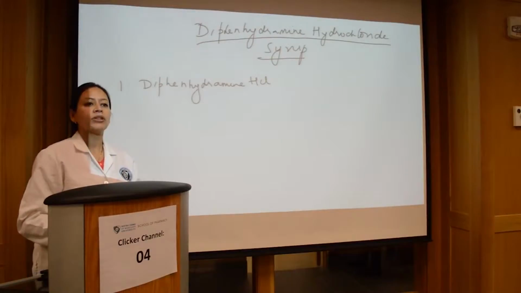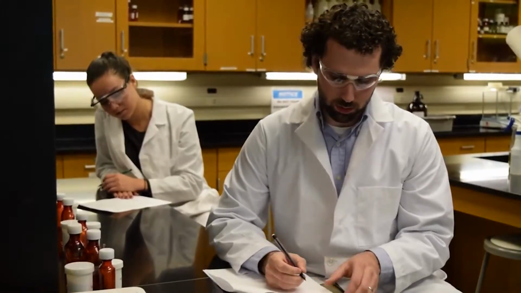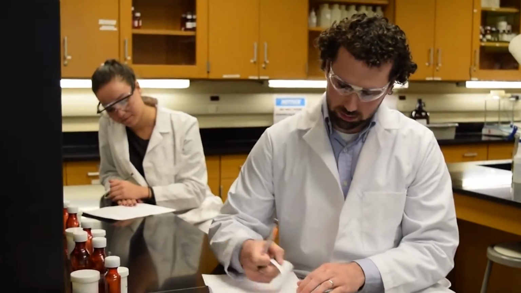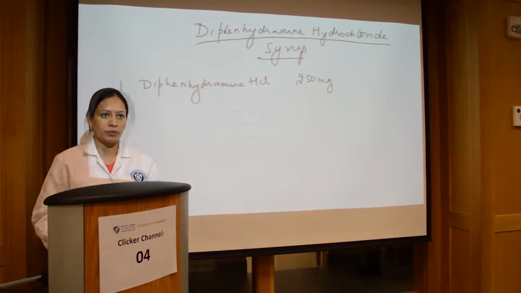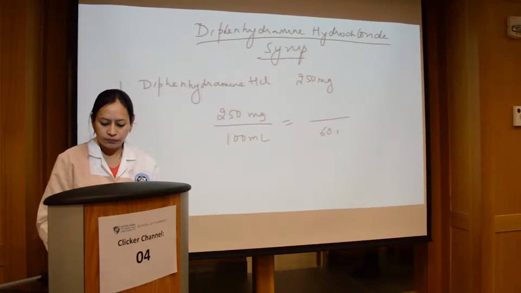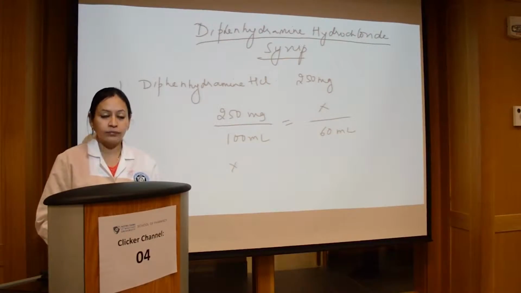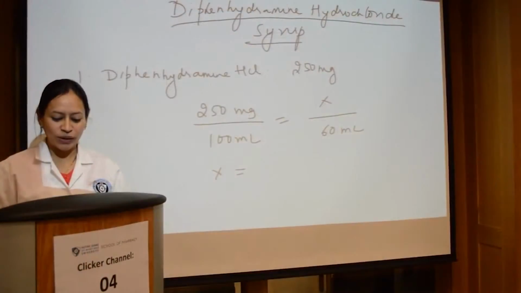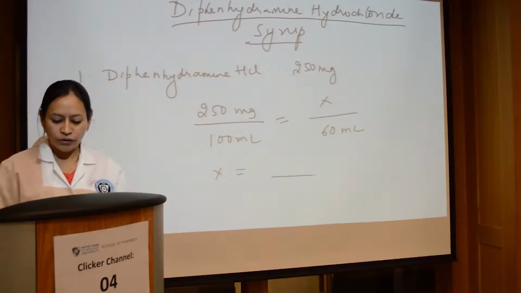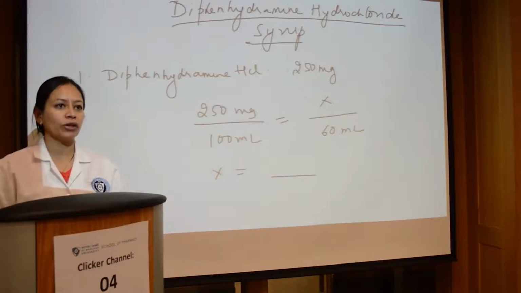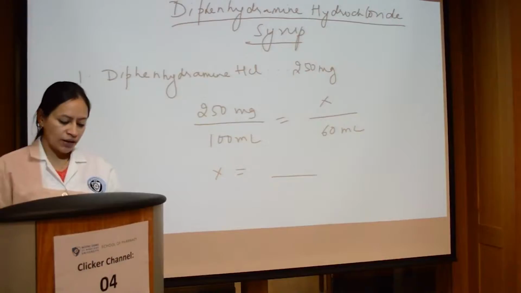And for 100 ml, how much do you need? 250 milligrams. And you can solve for your 60 ml preparation. So for 60 ml, how much do you need? So we can calculate that, and whatever number you get, you will be using that for your calculations, right?